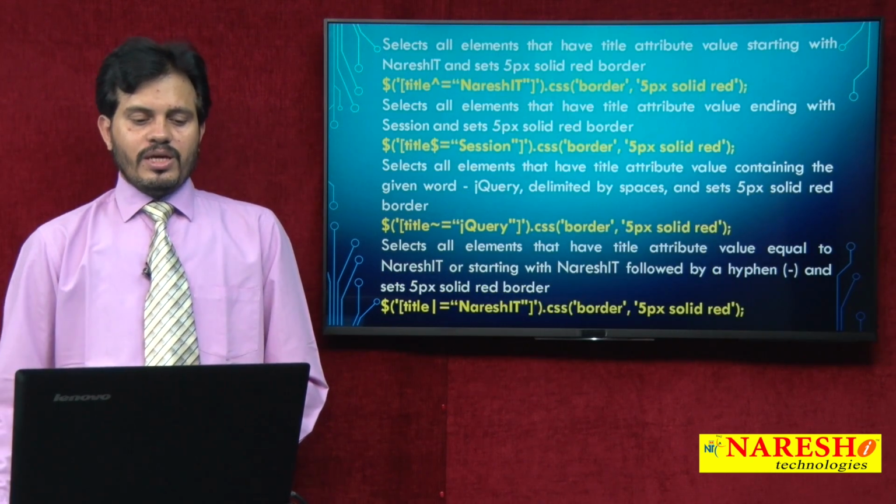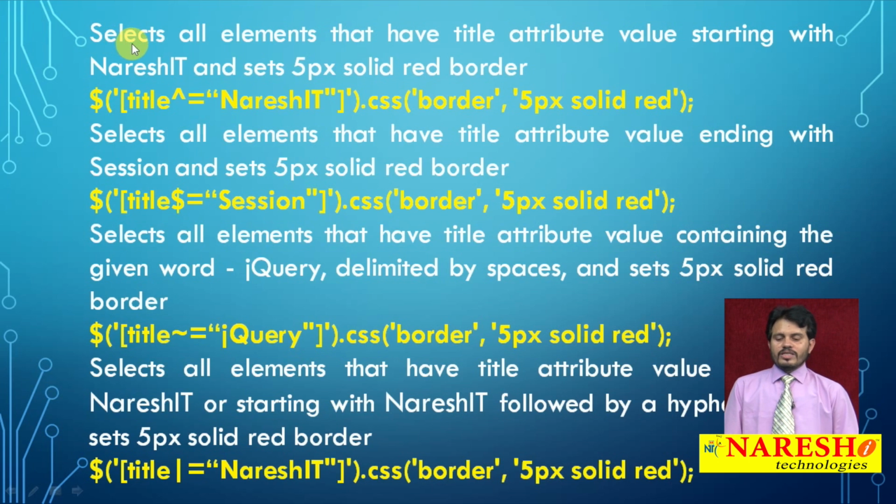So for that I have an example. It selects all elements that have a title attribute value starting with Naresh IT and sets a 5 pixel solid red border. It means we are going to apply a new CSS border, with thickness 5 pixel, style solid, and the color red, to only those elements whose title attribute value starts with Naresh IT, not any other.